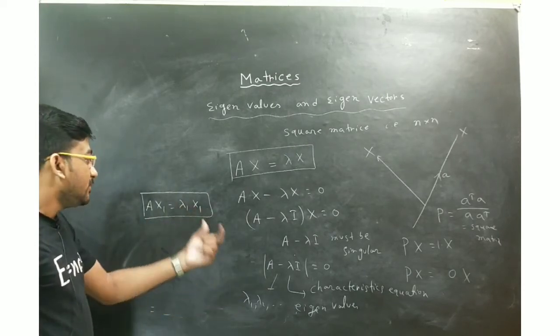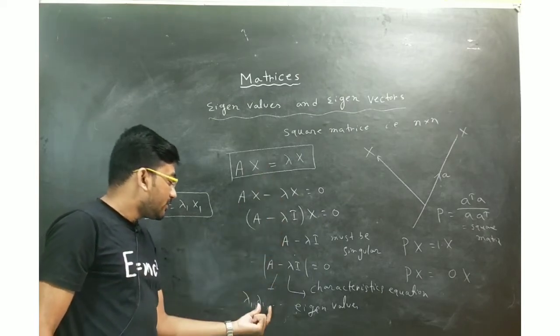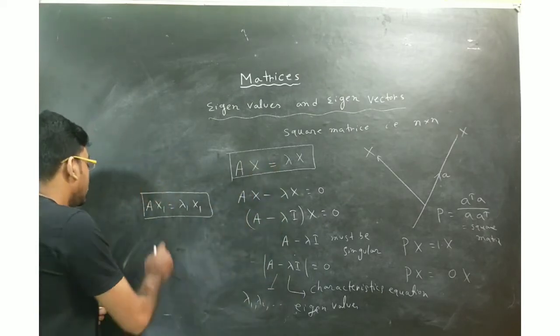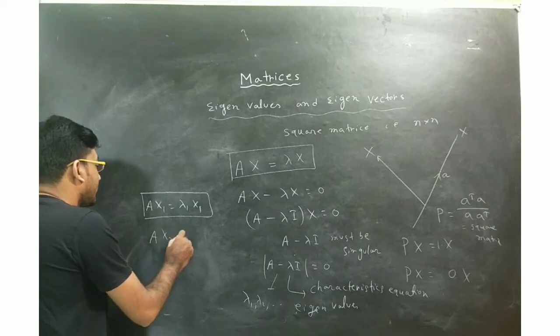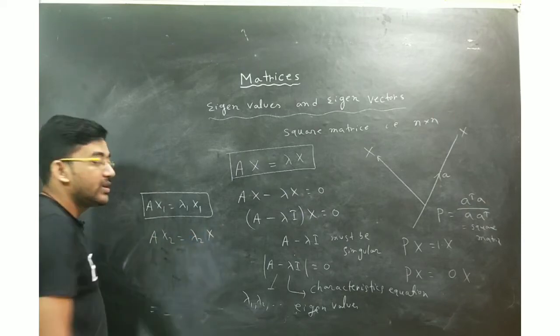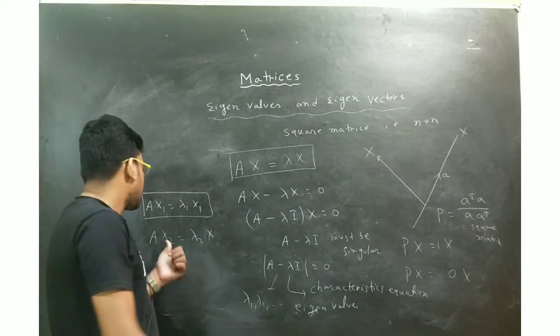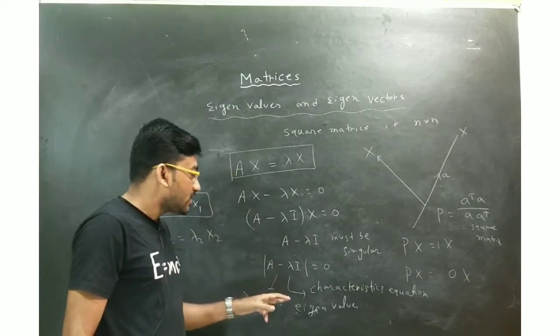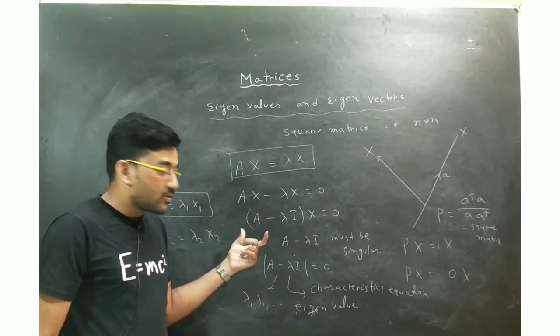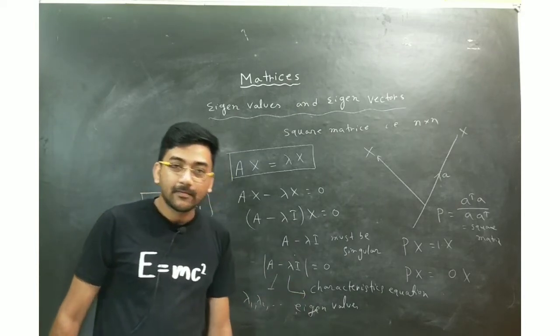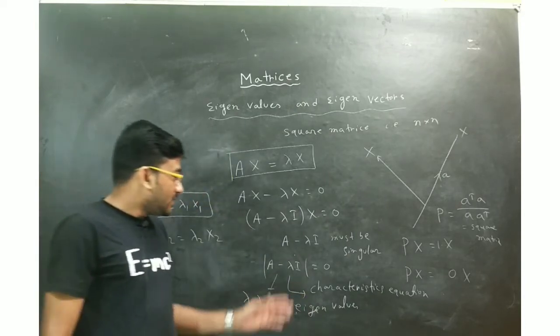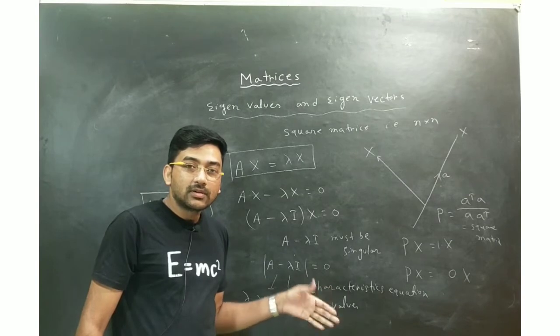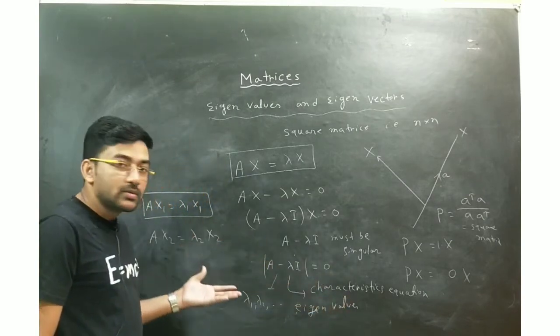Similarly, if you want to find out the eigenvector corresponding to lambda 2, then you have to solve this equation and you will get the eigenvector corresponding to lambda 2. So this is how you can find out the eigenvectors and the eigenvalues. In the next class we will solve some problems so that you can understand this better.